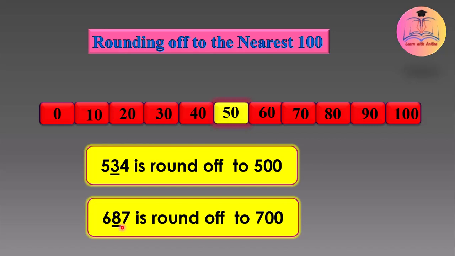We need to put 0 in the tens place and 0 in the ones place, and increase the hundreds place by 1. So see here, put 0 in the tens place and ones place, and increase the number by 1 here. So the answer is 700.